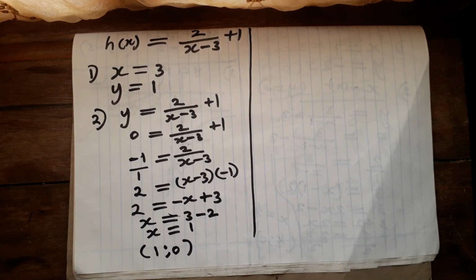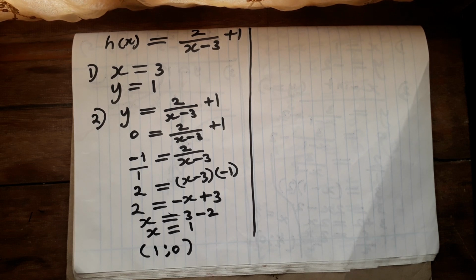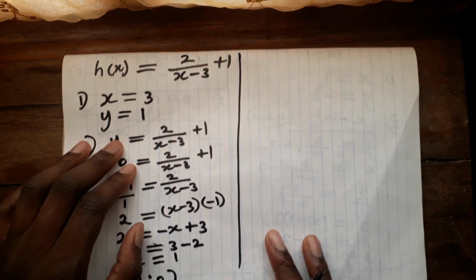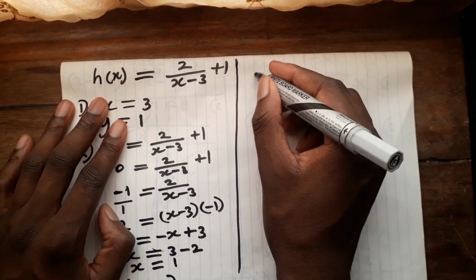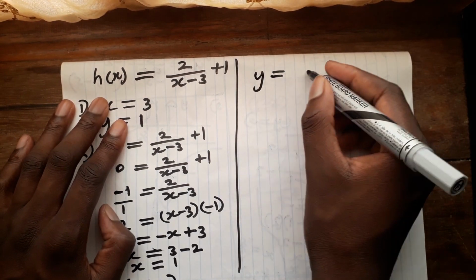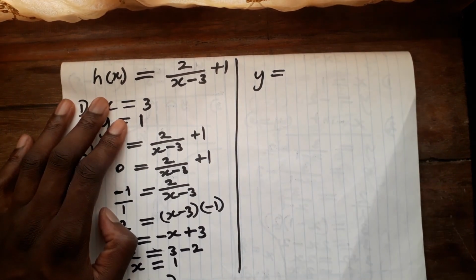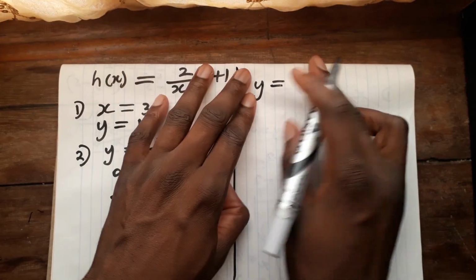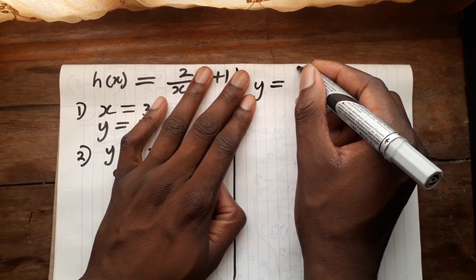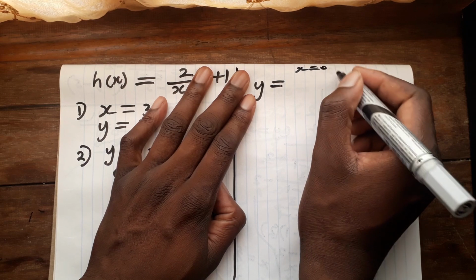Then now let's get the y-intercept. Y equals, you know that for the y-intercept you must let x equal 0. It means that x must be equal to 0.